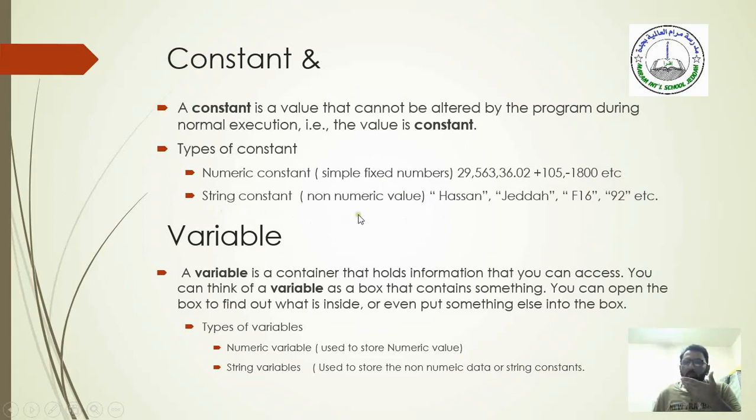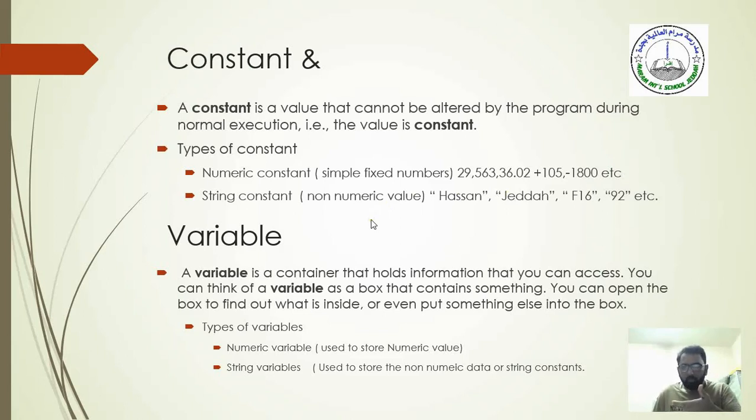These are non-numeric values, like Hassan, Jadda, F16, but they must be written in quotation marks. This is compulsory. And to store a string constant, you write the $ with the variable, then it will be considered a string variable.